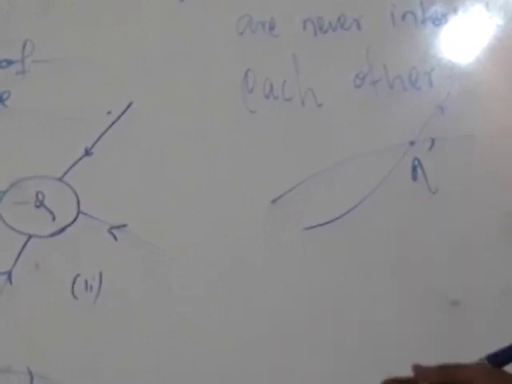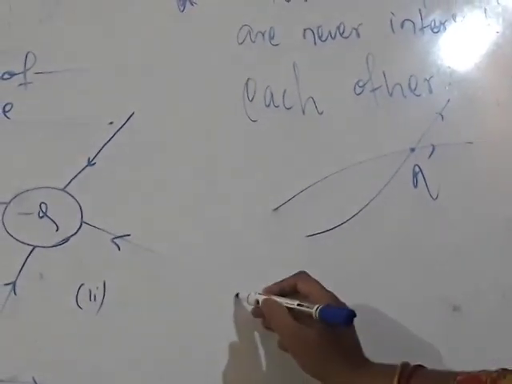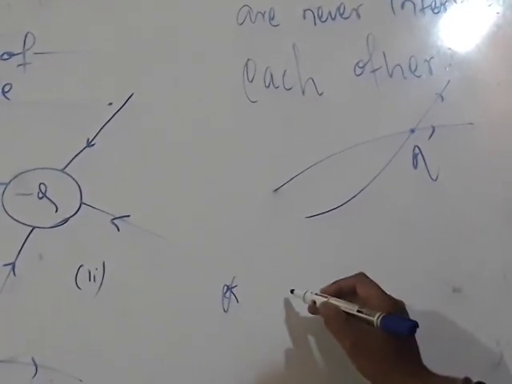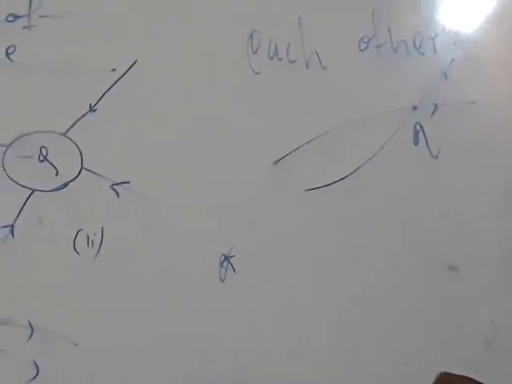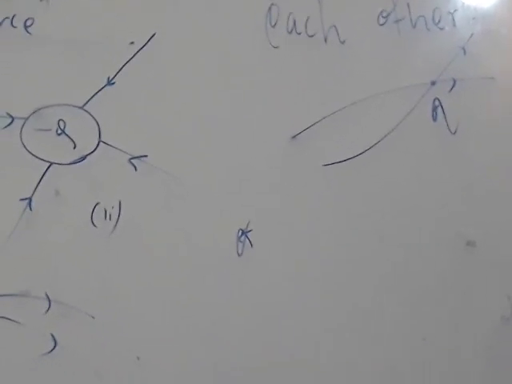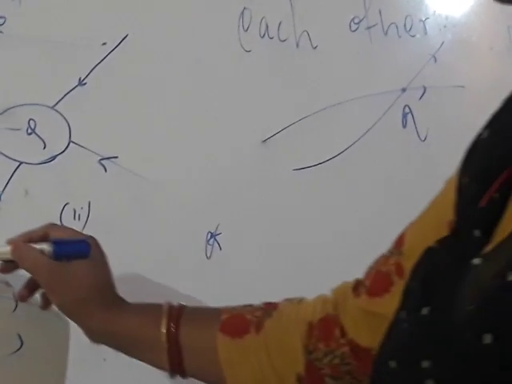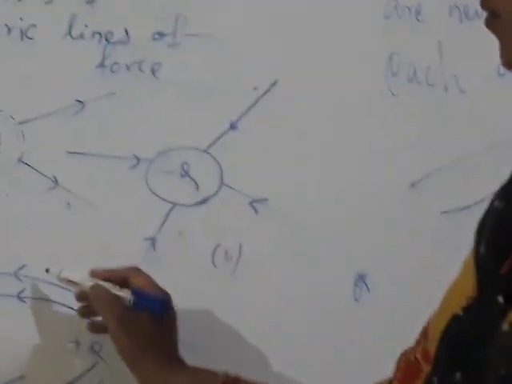Then we know the tangent. Another property is that if along the curved path we draw a tangent, that tangent gives the direction of the electric field intensity. Suppose this is the curved line of force.